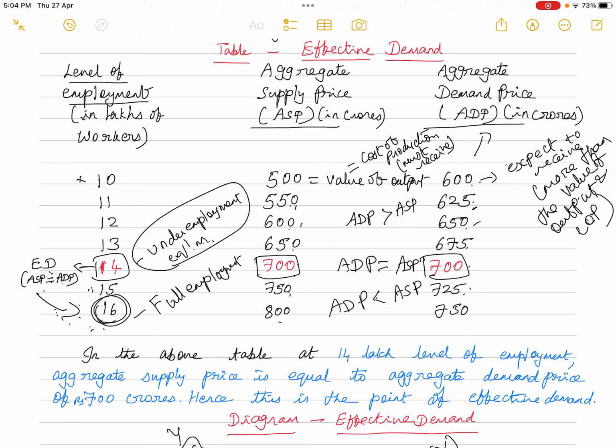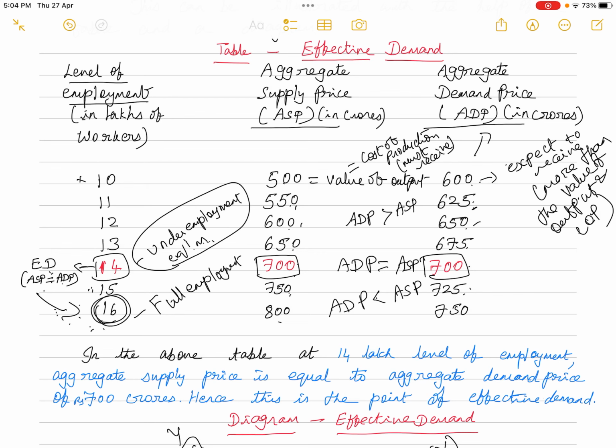So they know that beyond 14 lakhs amount of labor force, if they continue to employ the labor force, they are going to incur losses. The consumers are not going to spend that much amount for the goods and services. So they will not employ the extra 2 lakhs amount of labor force.